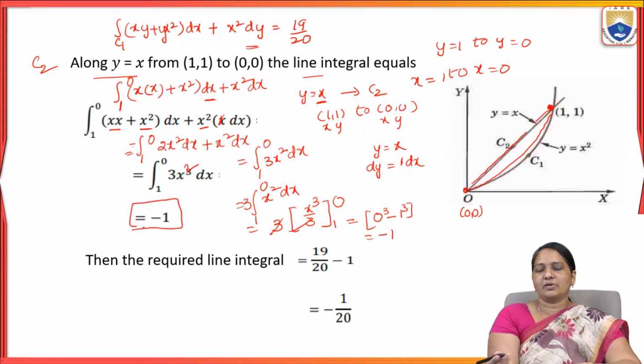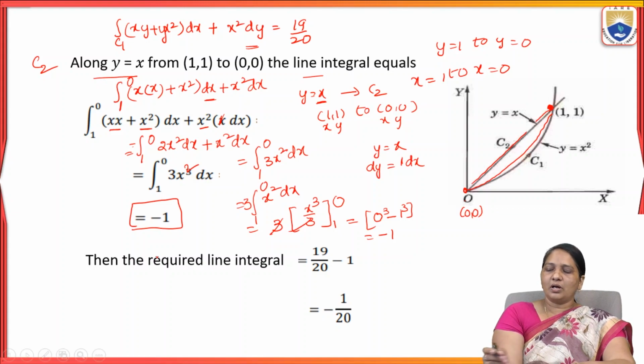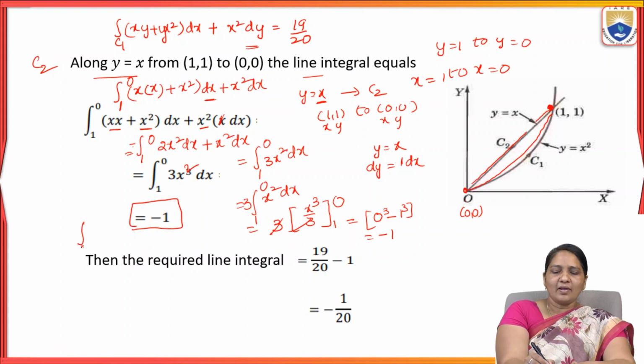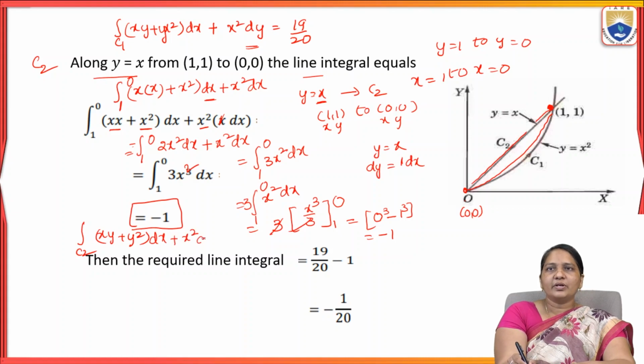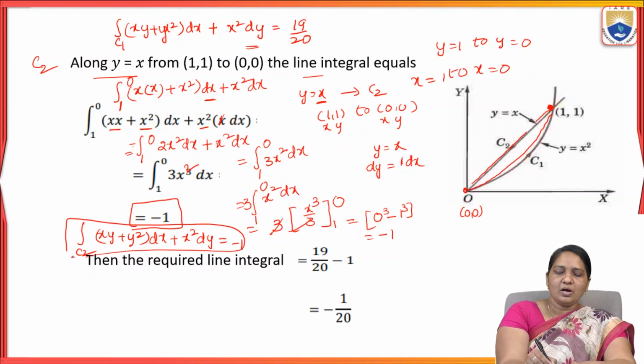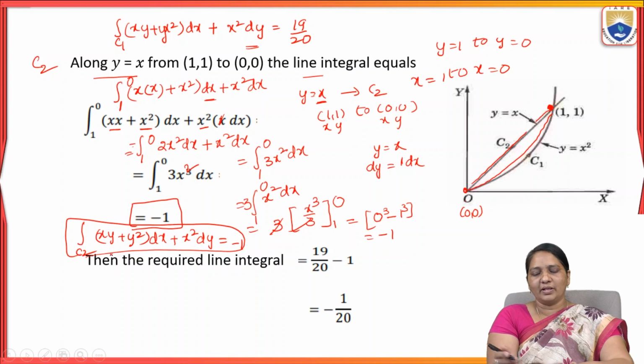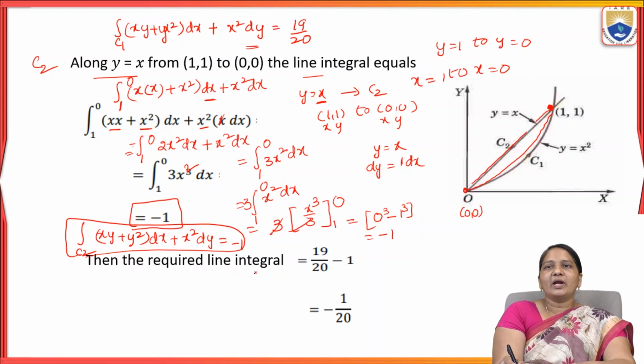This is minus 1. So what is the value we got now? Along C2, the integral of (xy + y square) dx + x square dy is minus 1. Now I am going to calculate the total value, that is the required line integral.